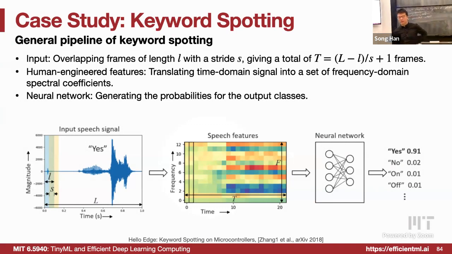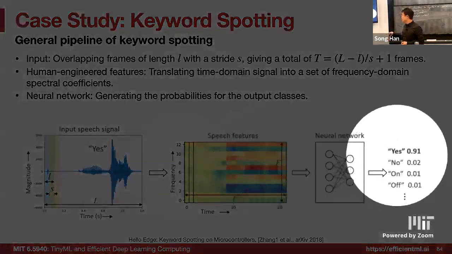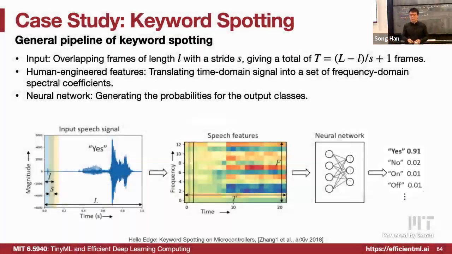It's no longer one-dimensional, it actually becomes two-dimensional. So we can run those classification problems similar to image recognition to understand the speech, whether it's yes, no, on, off, etc.